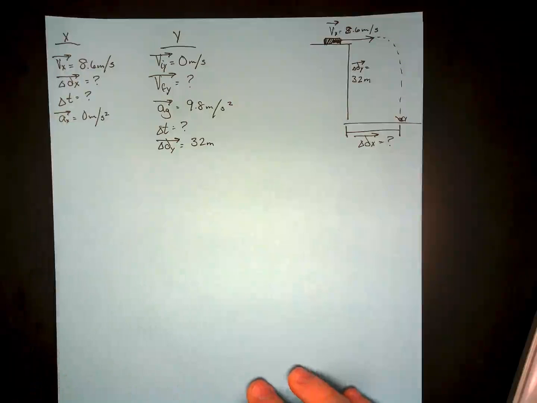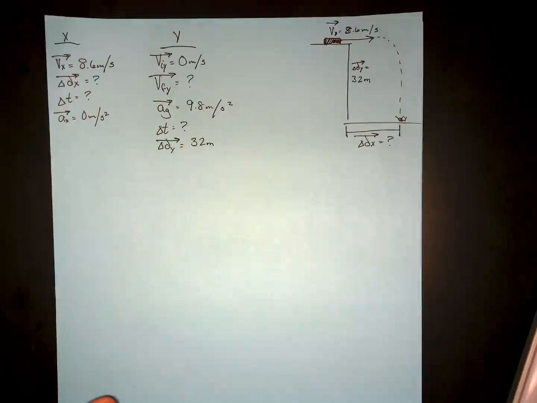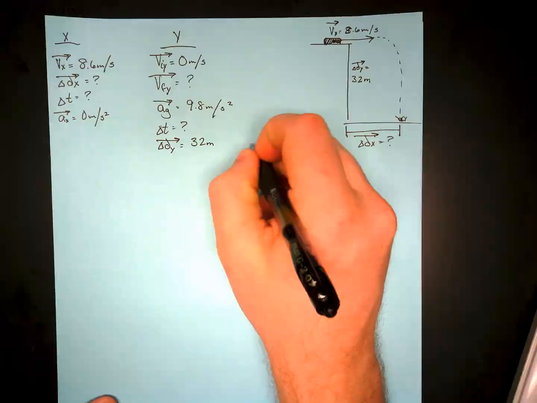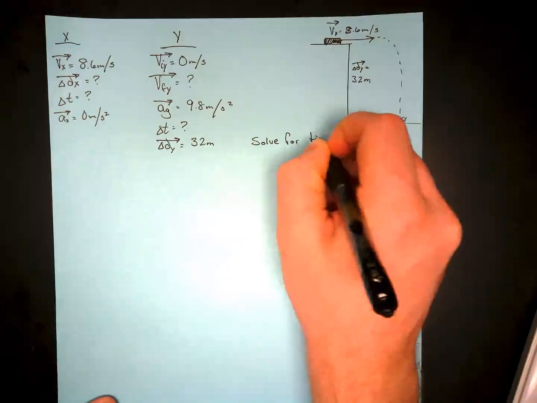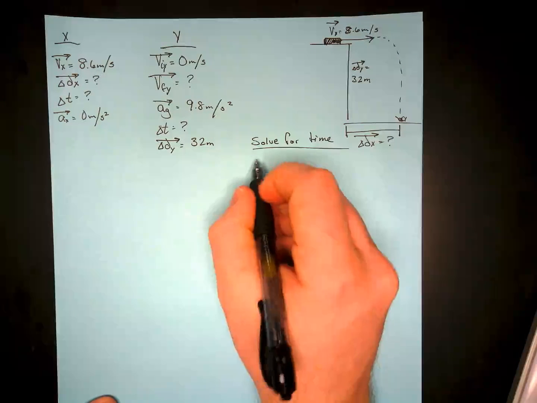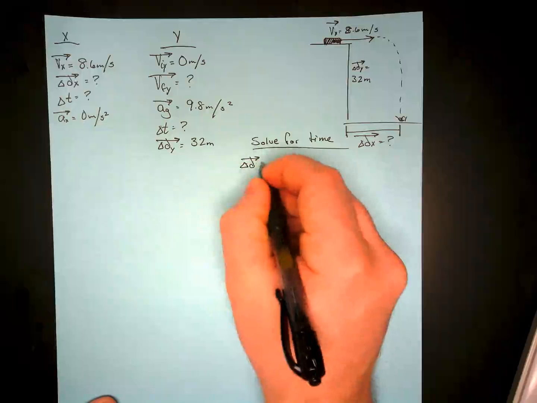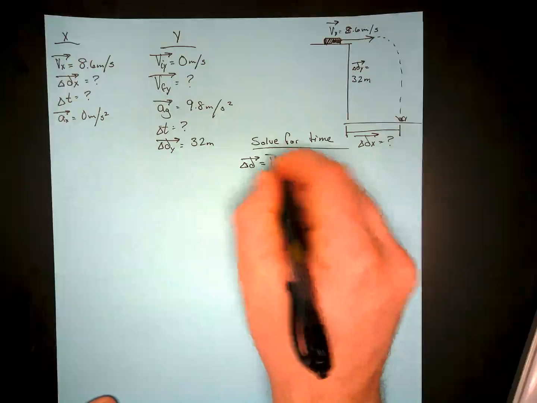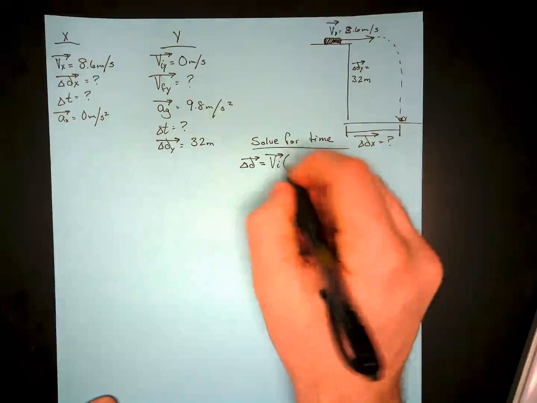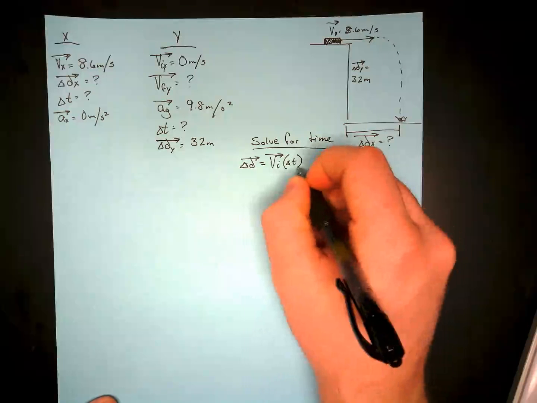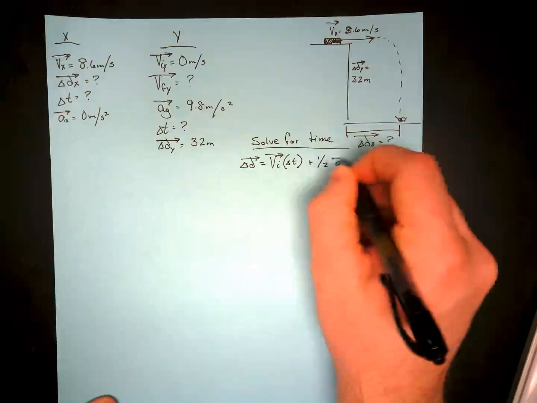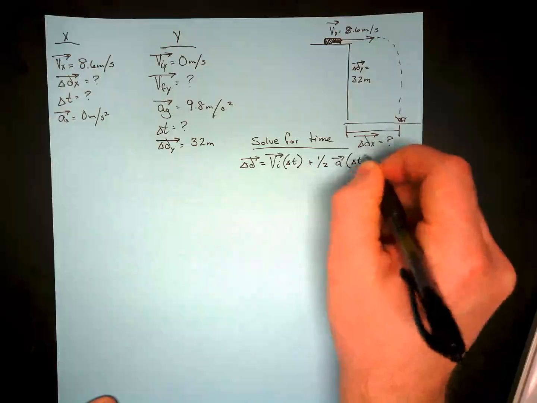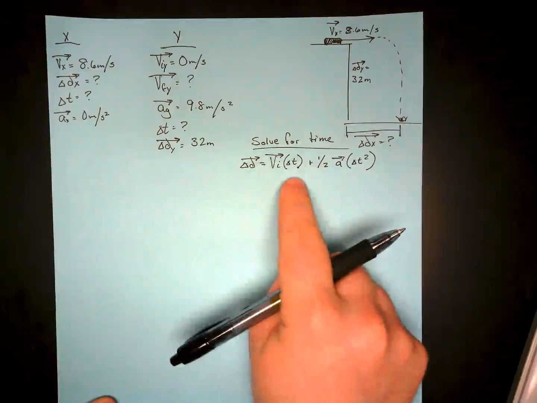Just like the other problem, we've got to solve for time. Since I already walked through how to solve for this, I'm just going to show it and jump forward to when it's actually solving for time. That's the equation we're using. I think that's number 2.